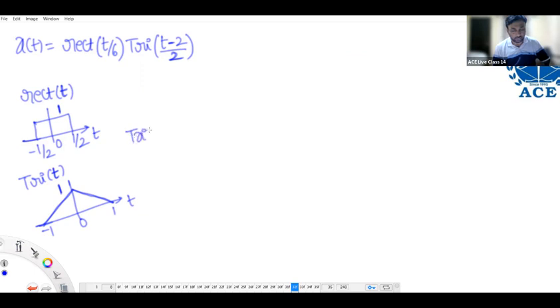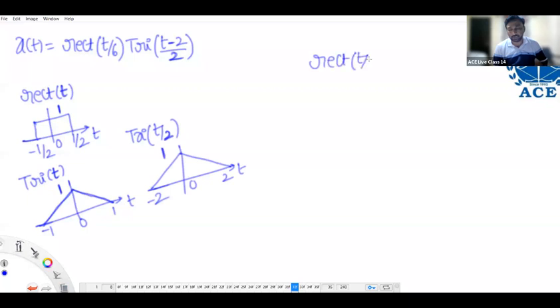Tri t covers from minus 1 to 1, means tri t by 2 covers from minus 2 to 2. Rect t by 6 means that rectangle extends from minus 3 to plus 3, sir.